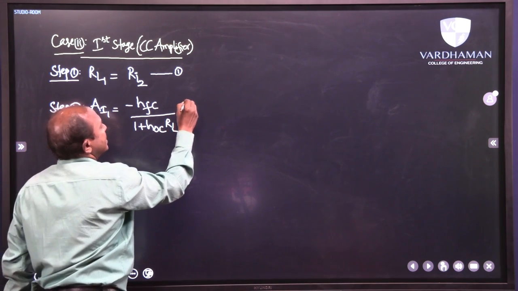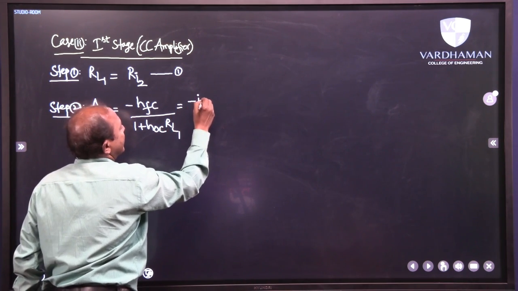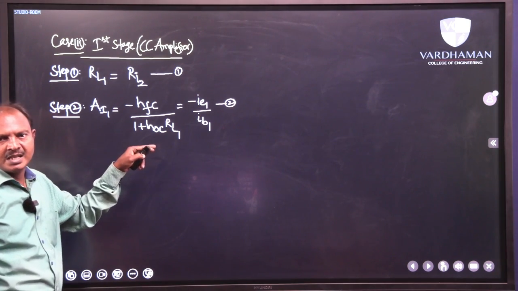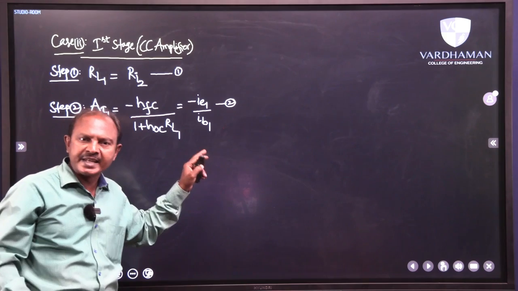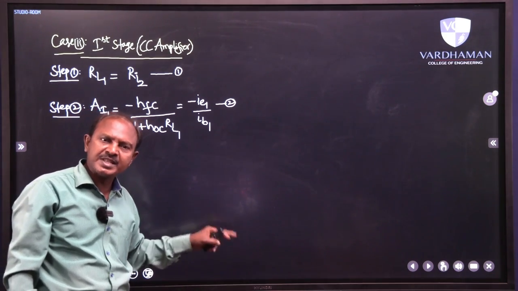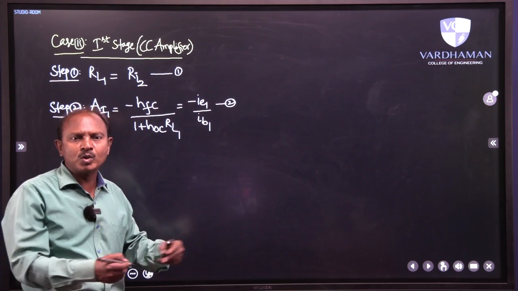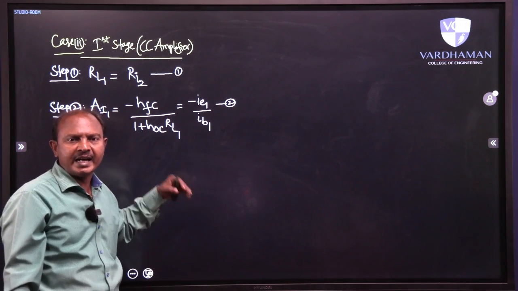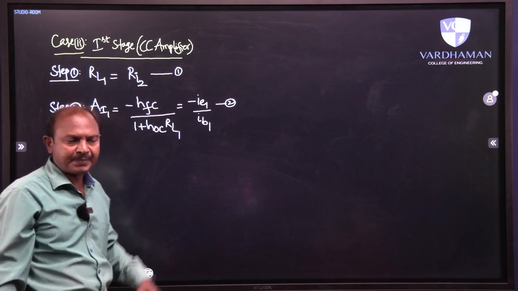Of course, this is minus IE1 by IB1. Directly I wrote this equation because already we got this equation in case of second stage. Second stage is a CC amplifier. First stage is also a CC amplifier. So both are exactly the same. So that's why instead of going for analysis separately, I wrote this equation for current gain directly.